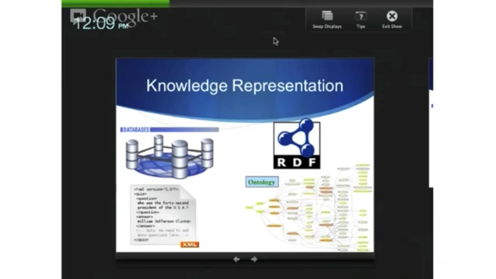This sort of representation lacked a specific aspect which we really need now, which is the semantics behind the content we try to represent.